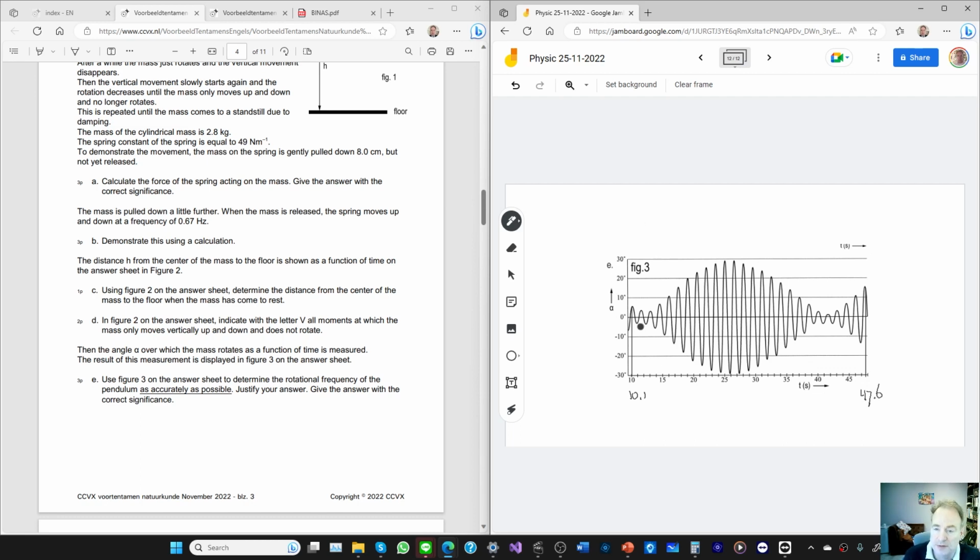Now, what is the accuracy here? Besides the fact that I'm using a writing pad, I would argue it could be plus or minus 0.2 seconds on both sides. It might actually be 0.1 if we can do this a little bit better.